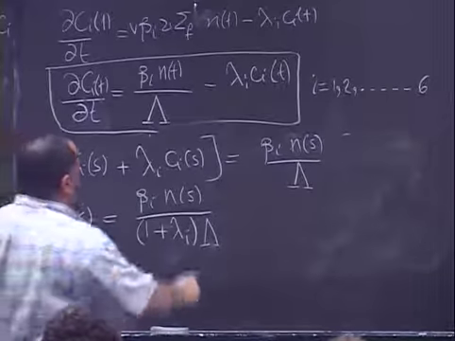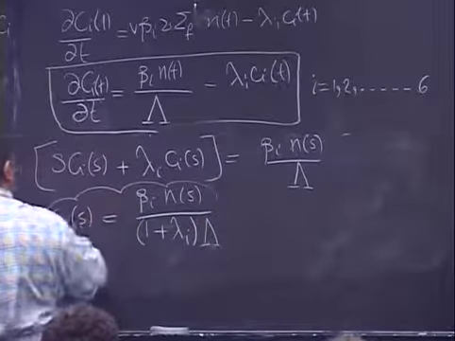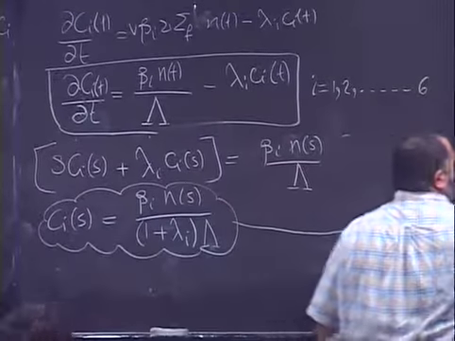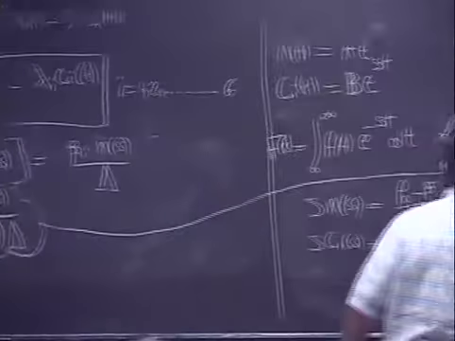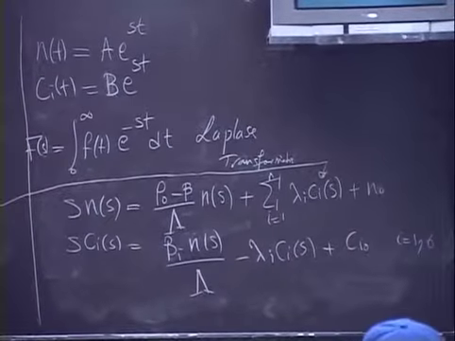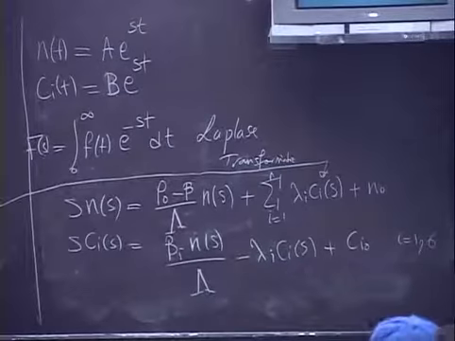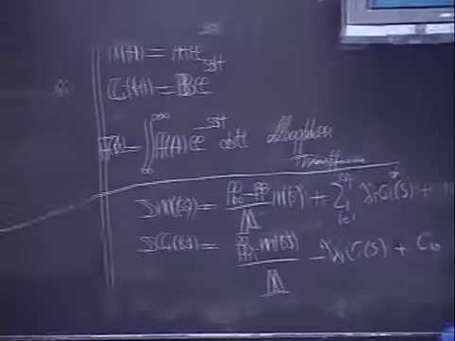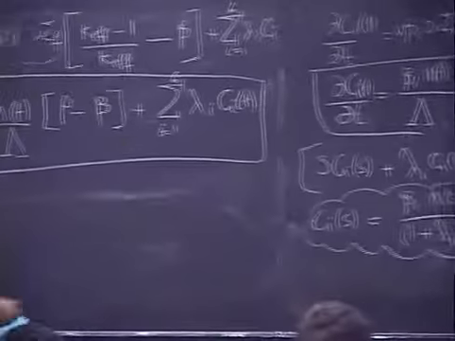So if you take this and substitute it here, we got Ci of s from the second equation. We will substitute Ci of s in the first equation. So when you do this, we will get what?